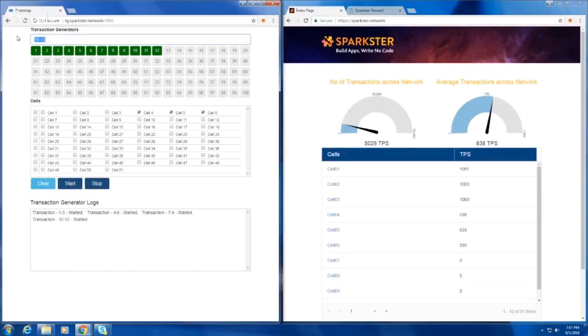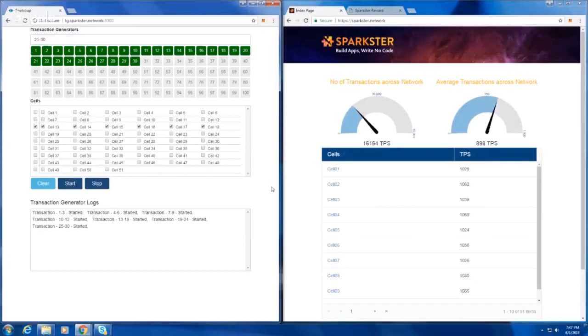We're at 5,000 transactions a second across the network, 6,000 transactions a second. Almost 10,000 transactions a second. 12,000 transactions a second. Guys, can we switch pages on the right-hand side? 16,000 transactions a second. So we've already exceeded what we showed you yesterday in the video.